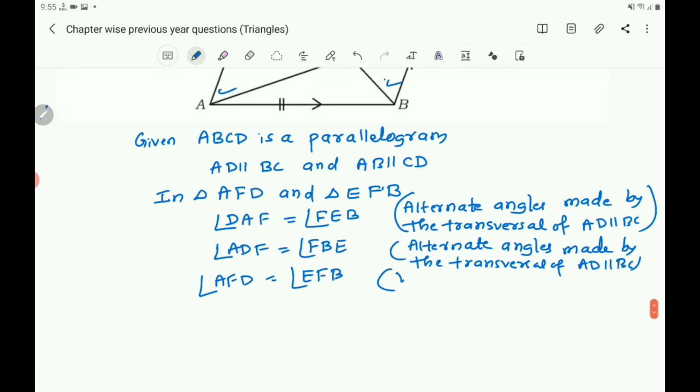They are vertically opposite angles. Therefore, you can write that triangle AFD is similar to triangle EFB.